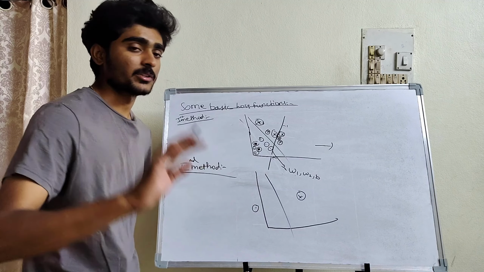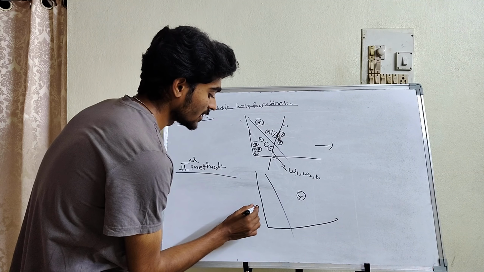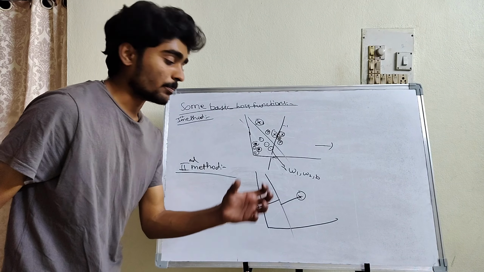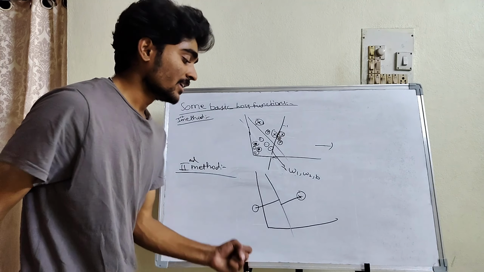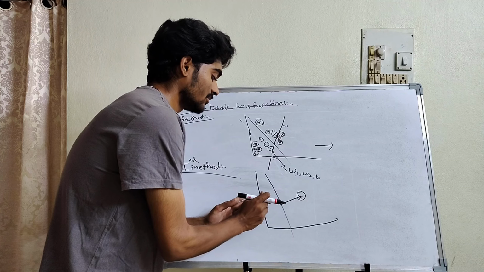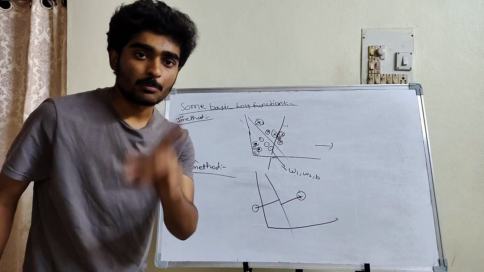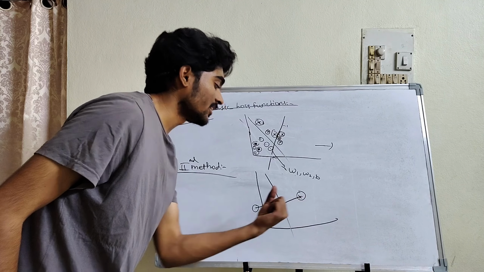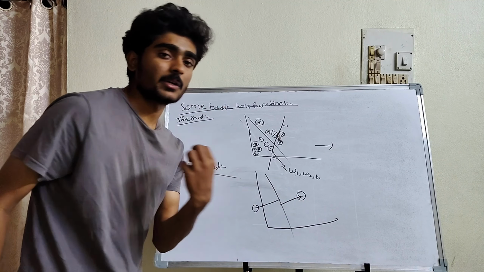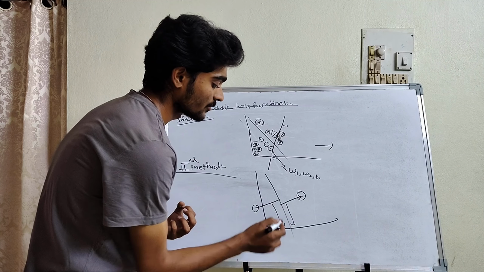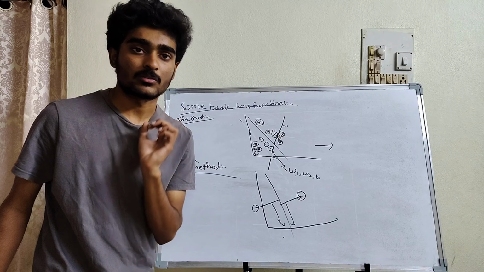In this second method, you calculate the perpendicular distance from the line. From each misclassified point to the line, you calculate the perpendicular distance, for the first data point and for the second data point. When you add both these results, the resultant is your loss.